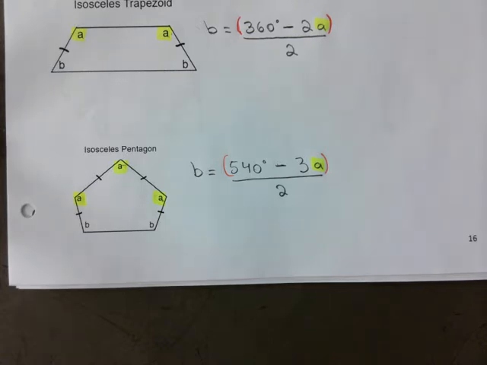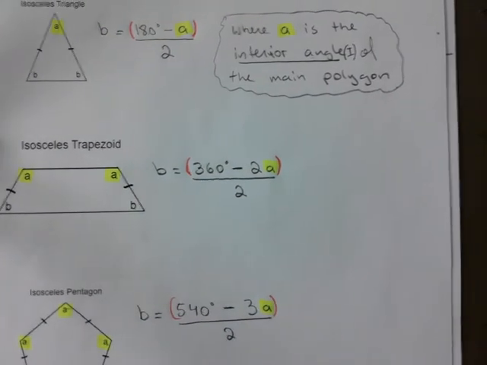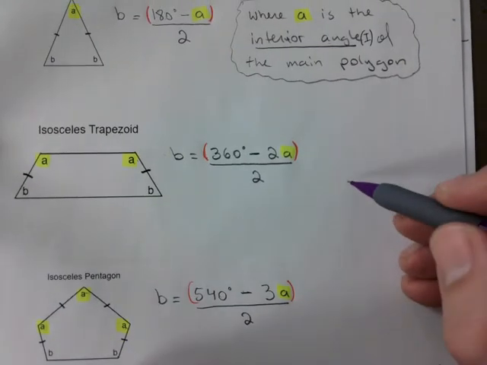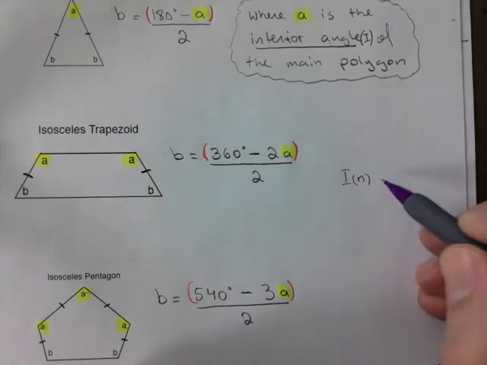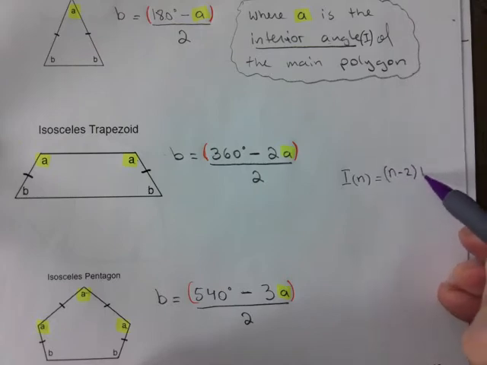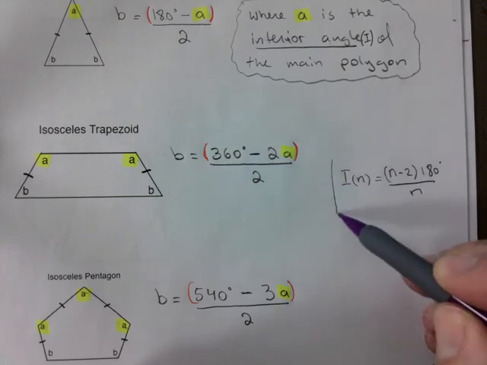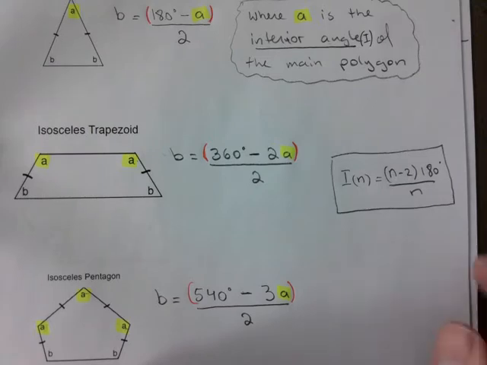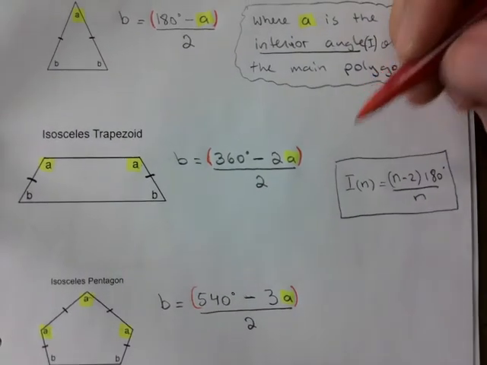And now I'm going to just add one more thing on this page here. And I hope this won't make it too messy. But just say that the interior angle of any polygon is n minus 2 times 180 divided by n. And I'm going to have arrows going to all of the A's in all of our formulas, right?